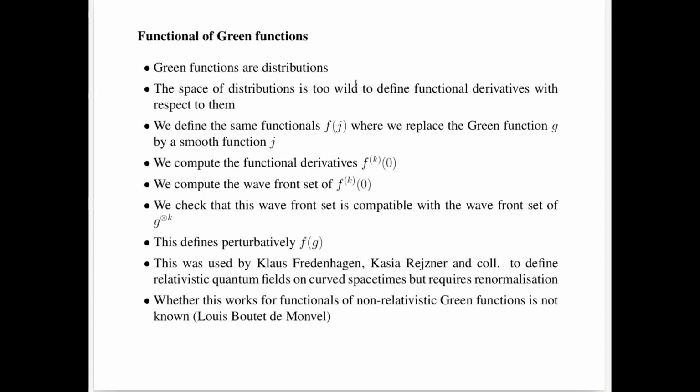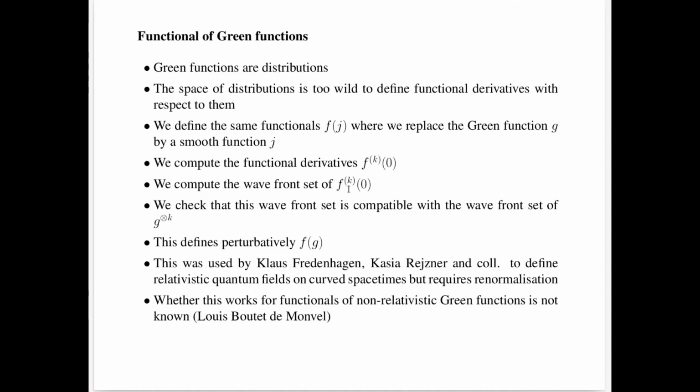What was done by Kasher-Eisner and Friedenhagen and others in the case of quantum field theory was to define the same functional, but in terms of smooth functions. Then you can define derivatives and so on. So you compute the functional derivative of your functional, and you compute the wavefront set of your functional derivatives.